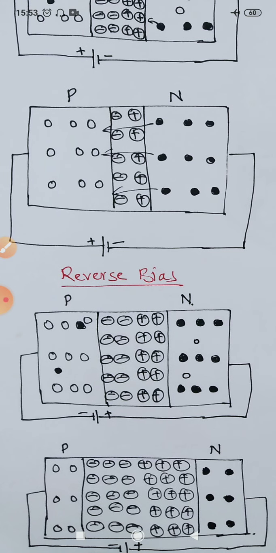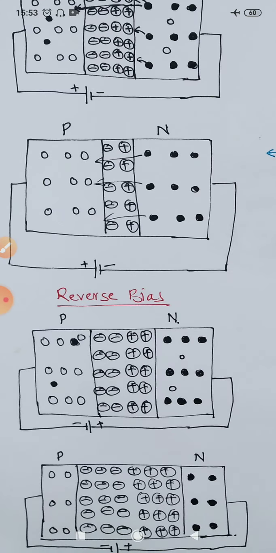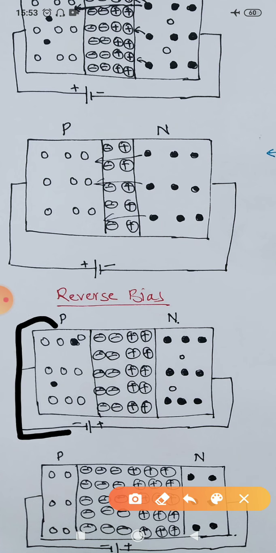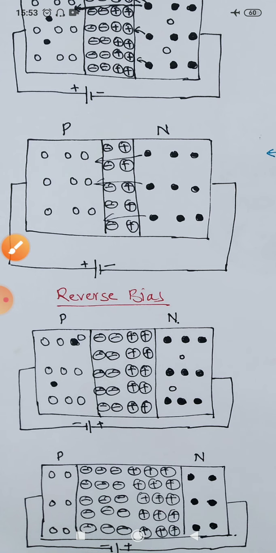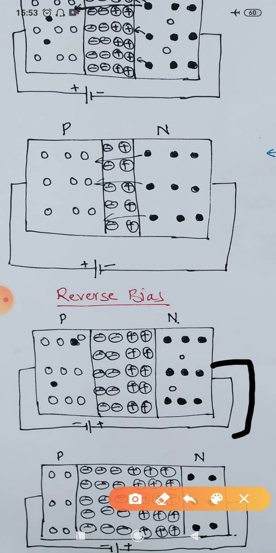Now we will see what happens when a PN junction is reverse biased. When the P-type semiconductor is connected to the negative terminal of the battery, and the N side of the semiconductor is connected to the positive terminal of the battery, such a configuration is called reverse bias. In this, if you see here, these negative electrons are continuously attracted towards the positive terminal of the battery.